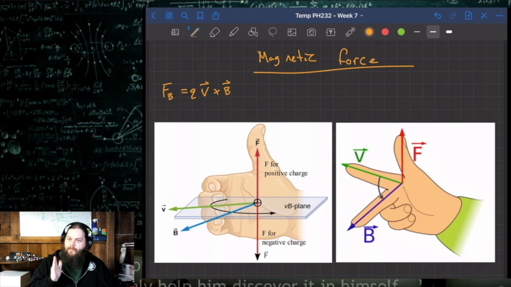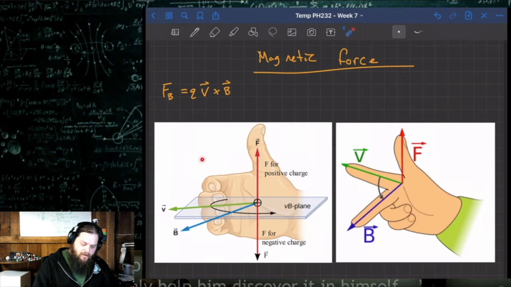What I do is I put my fingers toward the direction of velocity, where my thumb equals the force, and I curl my fingers toward the magnetic field. You can see that in this diagram, where the magnetic field is shooting out this way, the velocity is that way, and the knuckles point out toward the velocity.